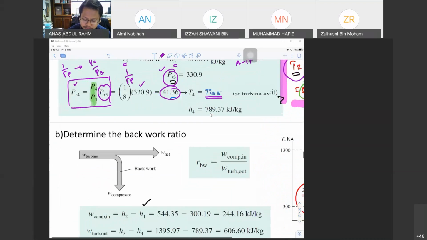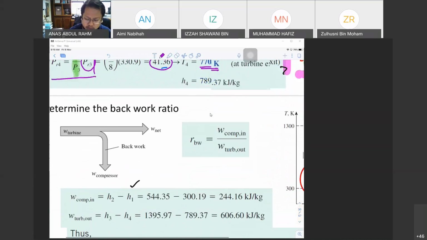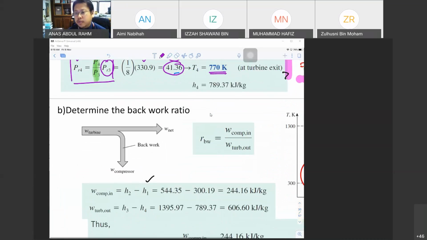Now B. We want to find the back work ratio. If you remember the definition of back work ratio, kalau kita ada turbine, kita ada work produced by the turbine, almost half of the work produced by the turbine is being used to rotate the compressor ataupun to move the compressor lah. So this is turbine, W turbine.